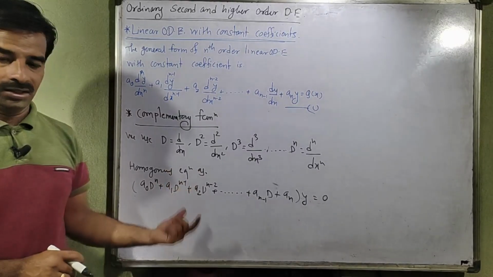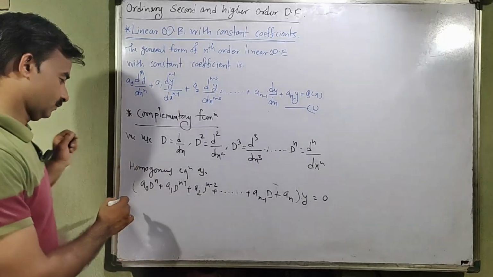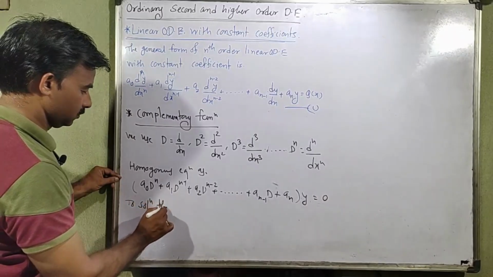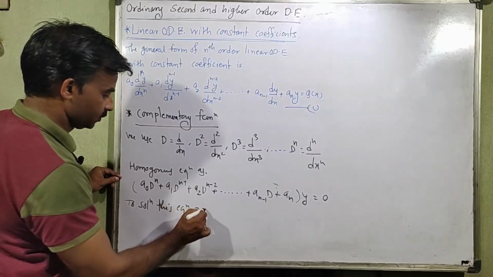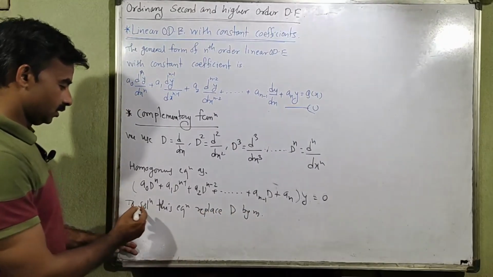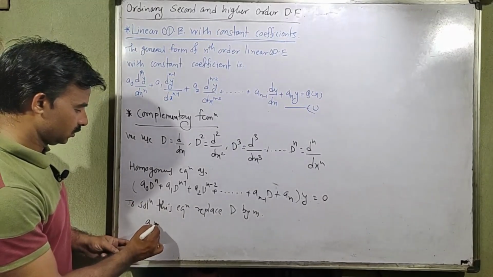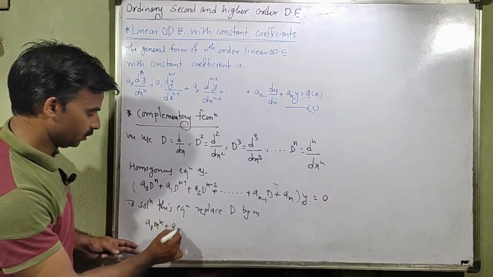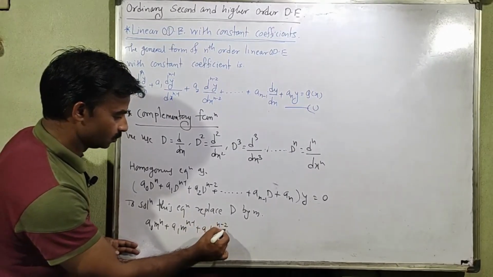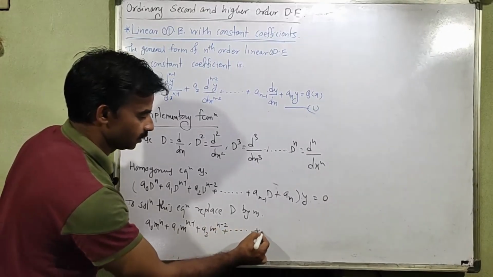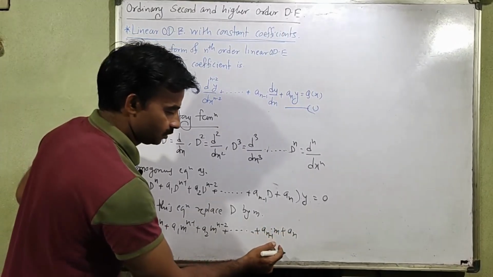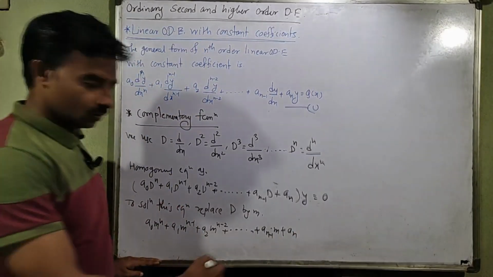To solve this equation, replace D by m, and then you get a0 m raised to n plus a1 m raised to n minus 1 plus a2 m raised to n minus 2 plus and so on up to plus an minus 1 m plus an, equal to 0.